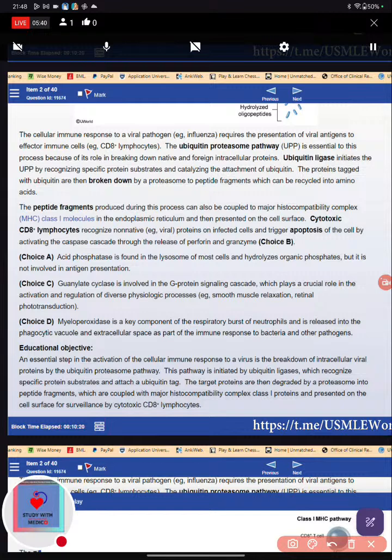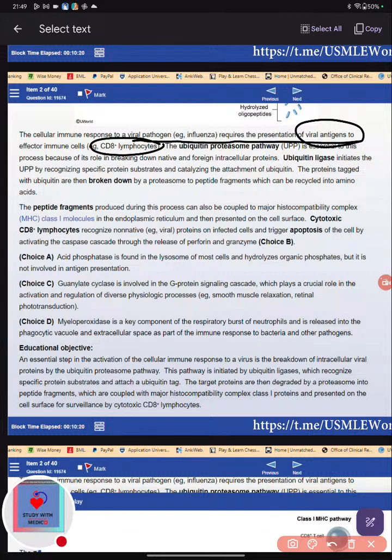So the cellular immune response to viral pathogen influenza requires presentation of viral antigen to CD8 positive lymphocytes. This ubiquitin proteasome pathway is essential to this process because of its role in breaking down native and foreign intracellular proteins.